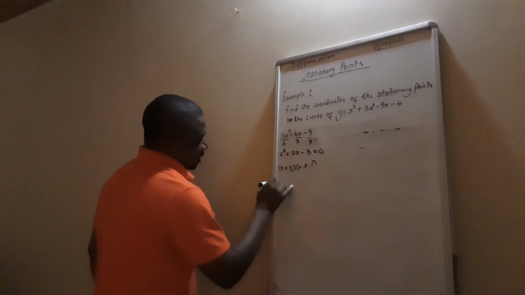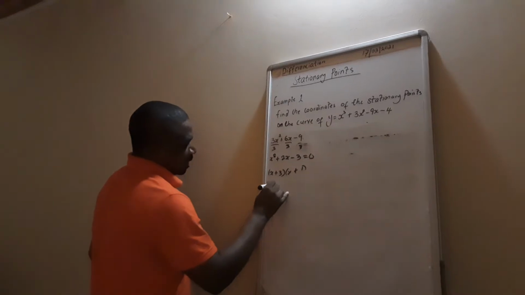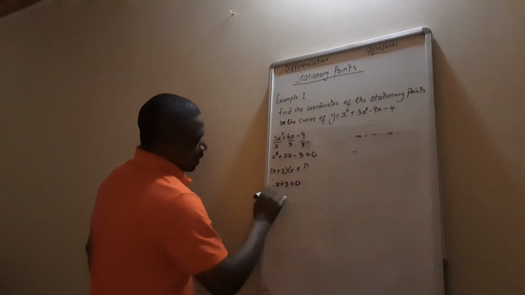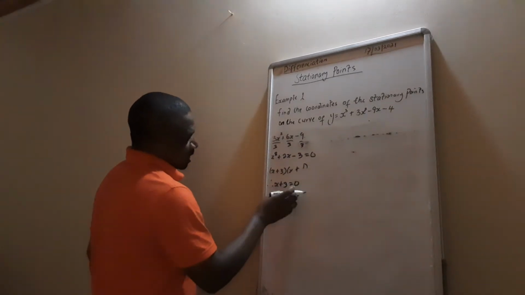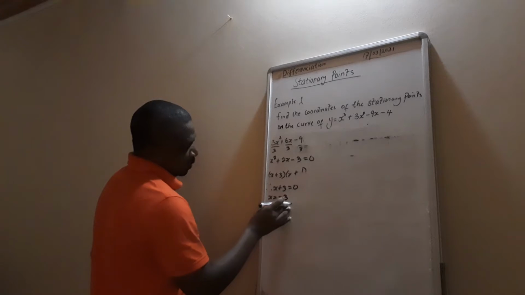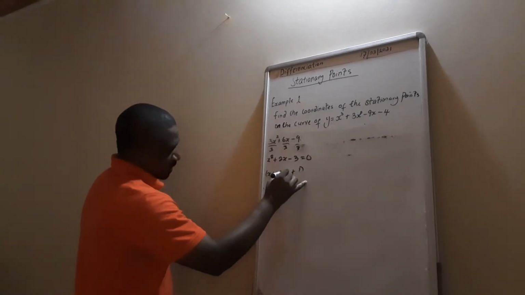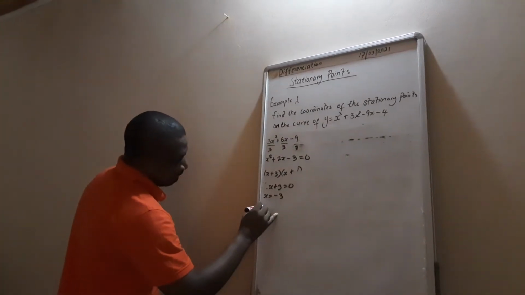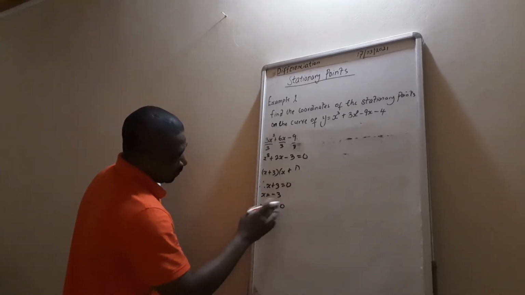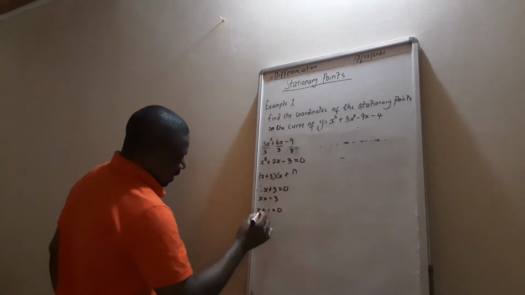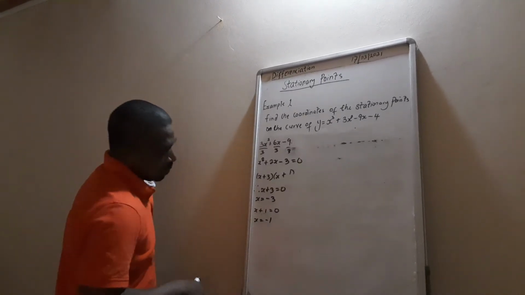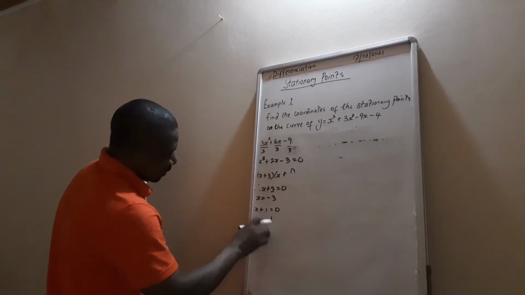So x plus 3 is equal to 0, and if 3 crosses the equal sign, x is equal to minus 3. Then we have x minus 1 equal to 0, so if 1 crosses the equal sign, x is equal to positive 1.